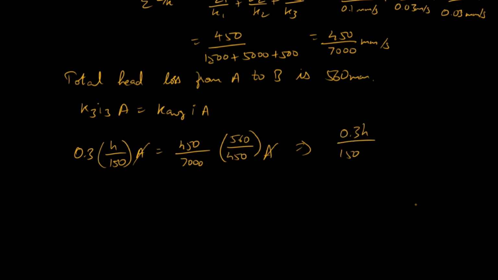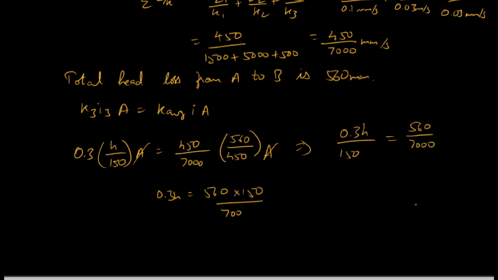0.3 H divided by 150 equal to 560 by 7000. 0.3 H is equal to 560 into 150 divided by 7000.